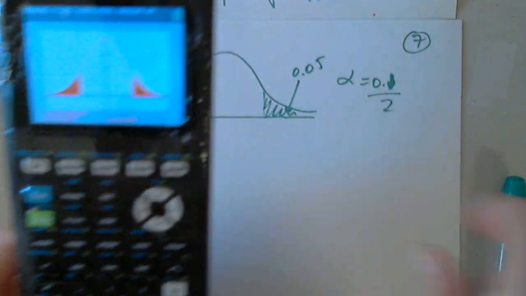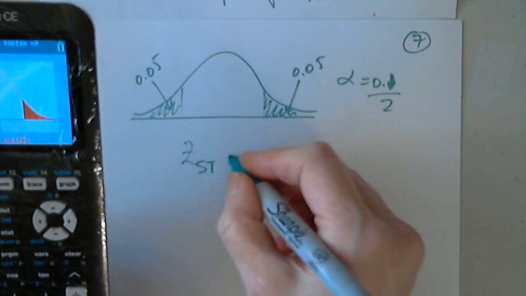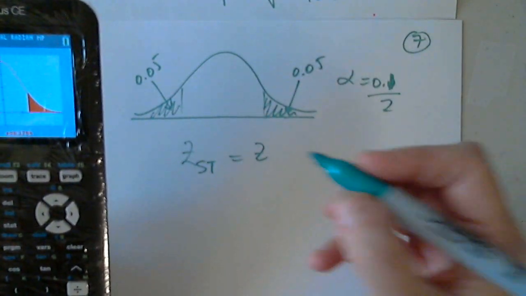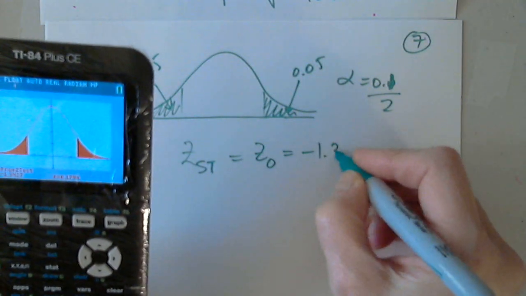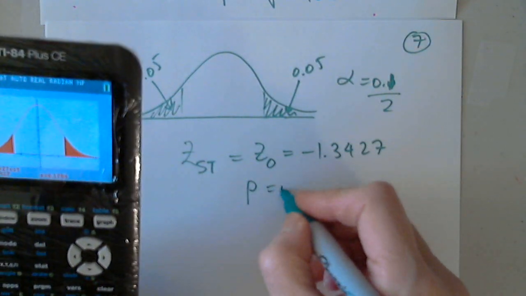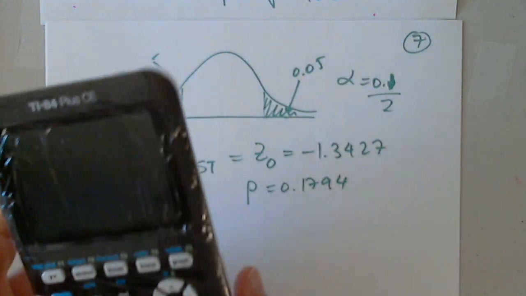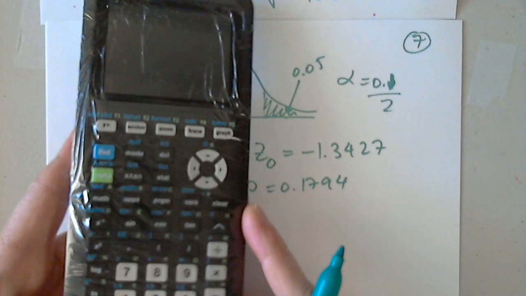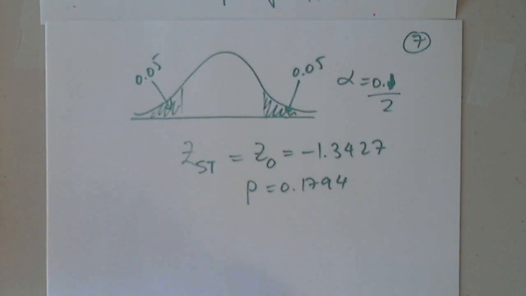So the z statistic, as I like to call it, coming from the sample, or z sub 0, is negative 1.3427, and the p-value is 0.1794. The calculator gives the entire p-value because it doesn't know whether we are looking at a one-tailed or two-tailed test.